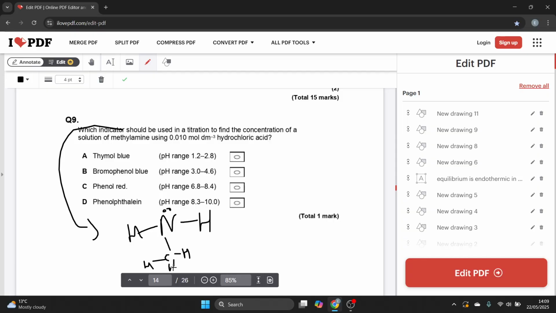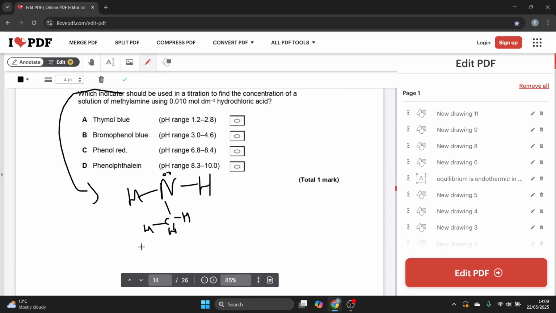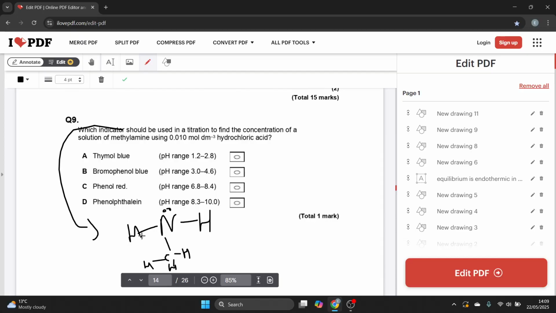I've got a methyl group, right? So methylamine is a weak base.